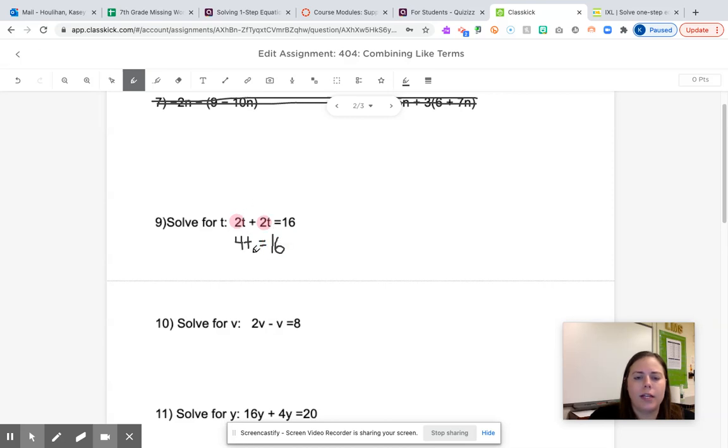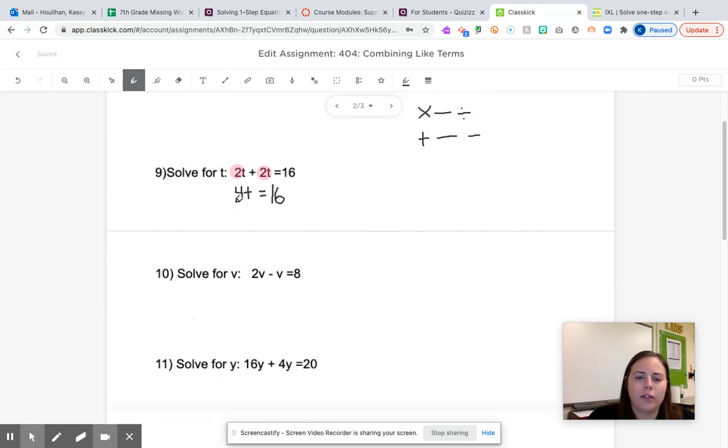And then I put my t next to it. I brought down my equal sign and my 16. Then you need to solve for t. That says 4 times t. You're doing the opposite. So remember, opposite of multiply is divide. The opposite of add is subtract. Okay?